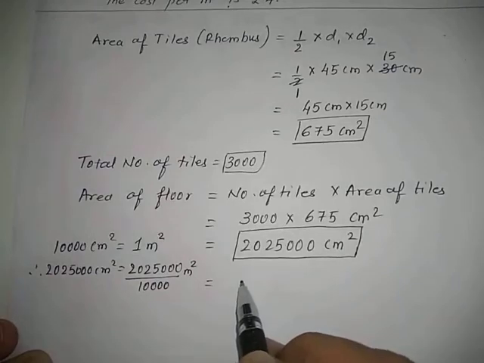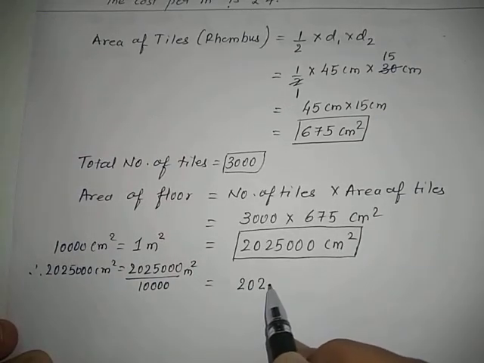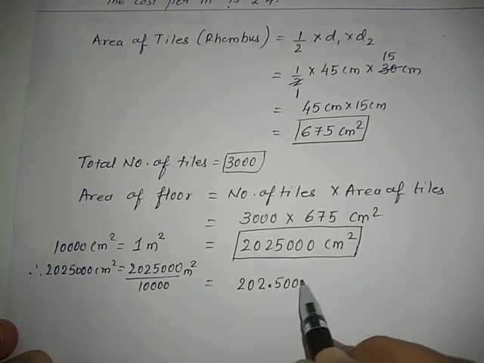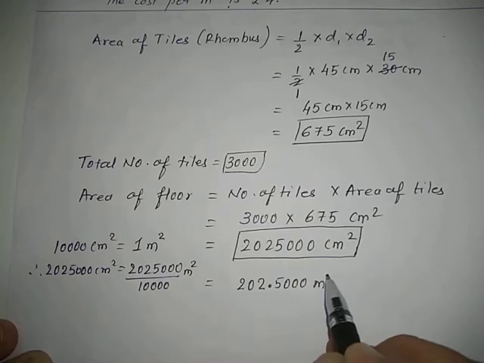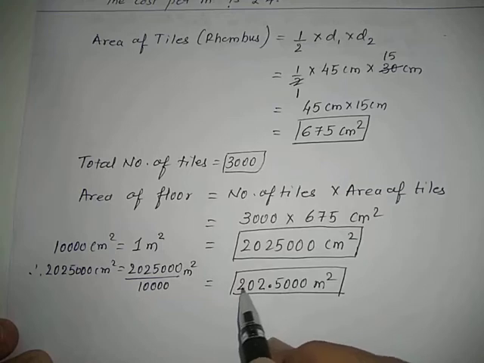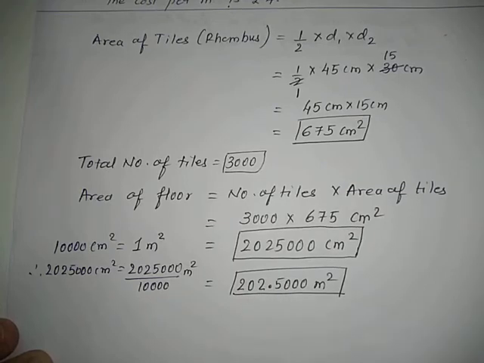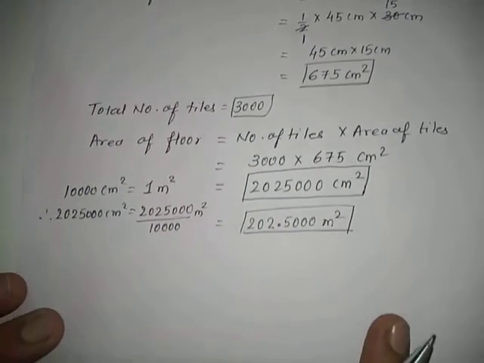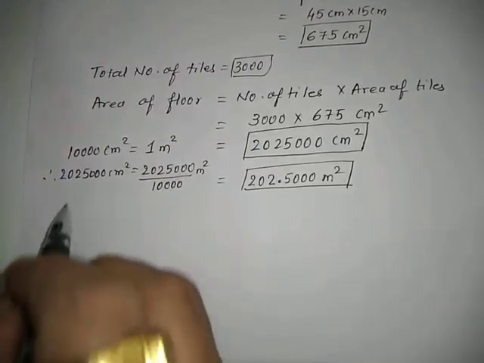So it will be 202.5000 meter square. You can also remove these zeros. You can write 202.5. Okay.